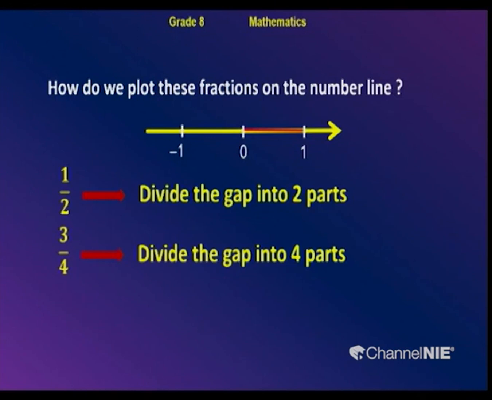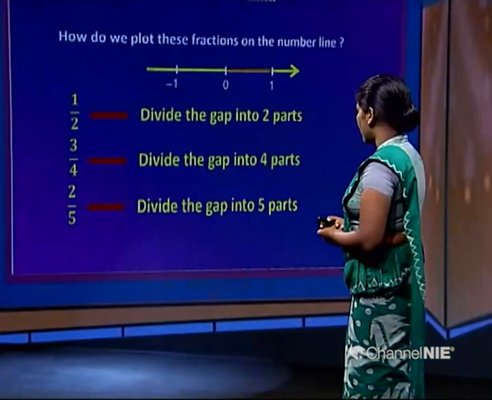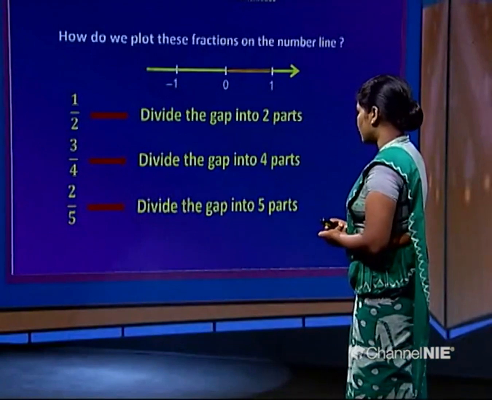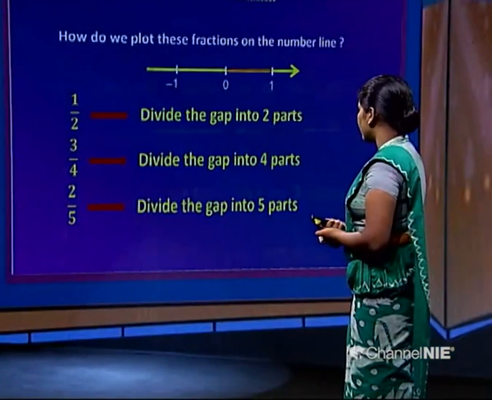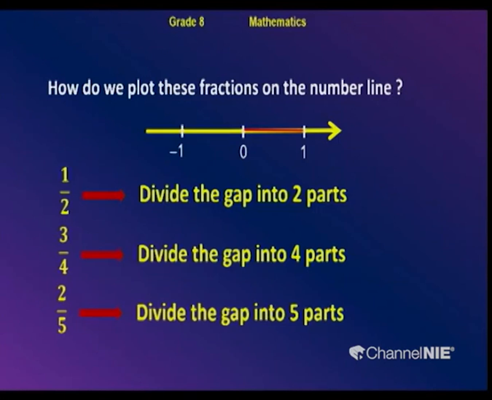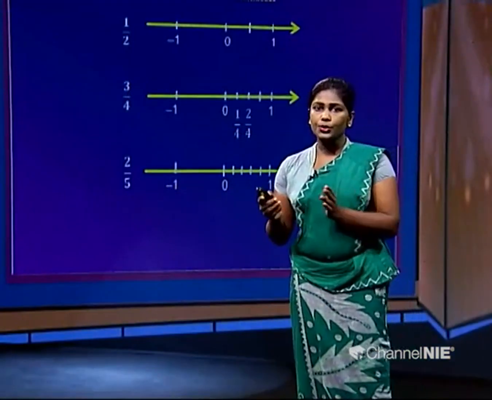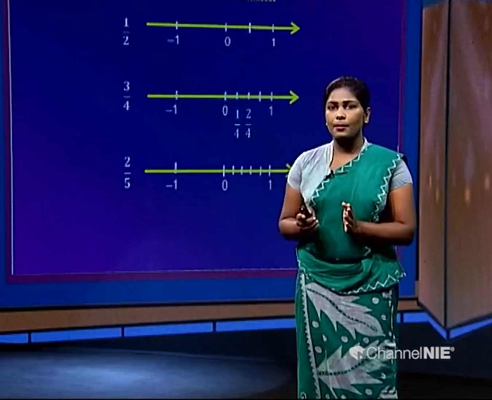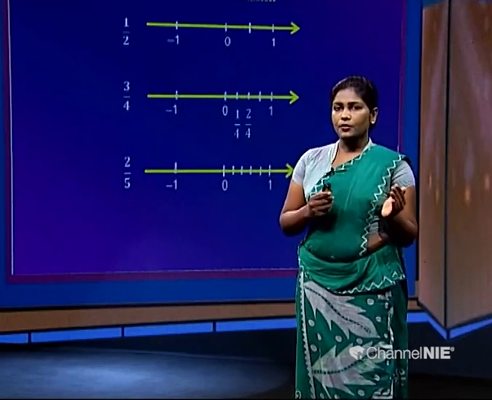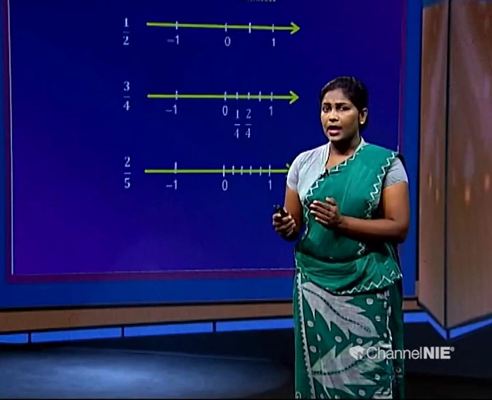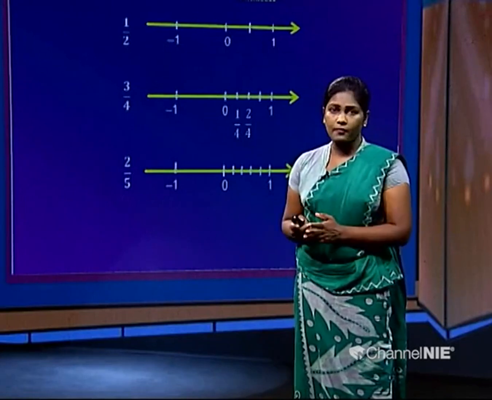Then 3 over 4, you have to divide this gap into 4 parts. Now you know. The next one, what do we have to do? Yes, divide this gap into 5 parts. Now you know how to separate this number line because all the fractions lie between 0 and 1.